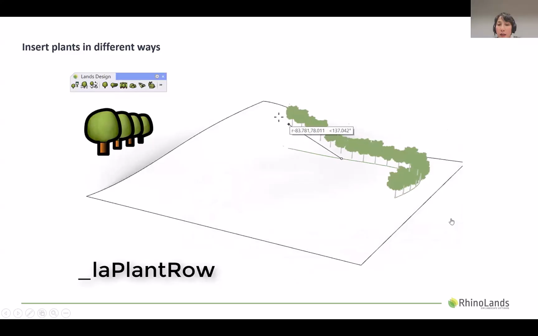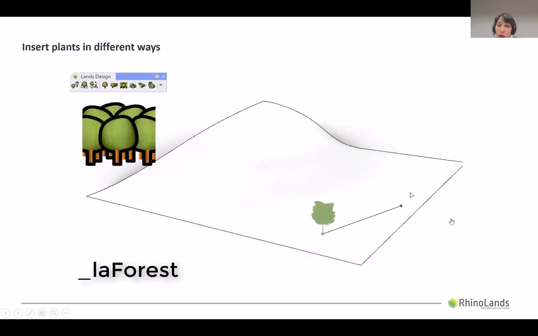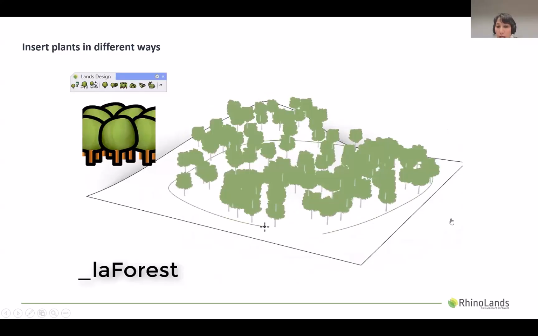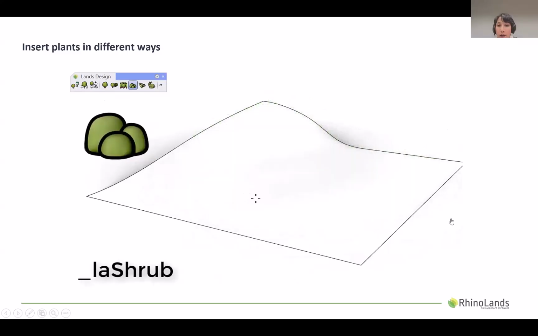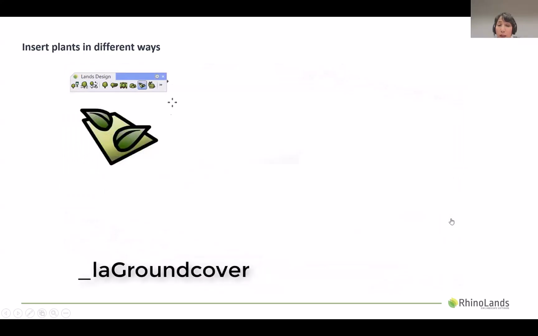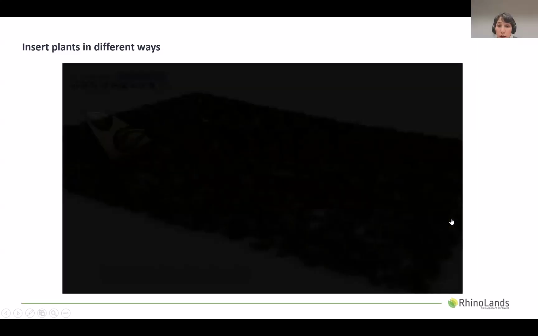We can insert a row of plants by indicating the distance and combination of plant species, or insert a group of plants, again, by indicating the distance, the arrangement, and plant combination. We can insert shrubs by indicating the number per linear meter, or also insert ground covers.